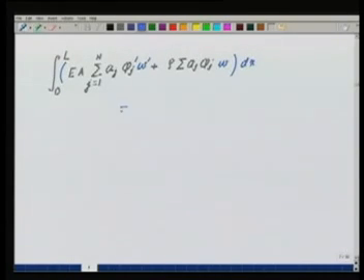This is equal to integral 0 to L f w dx plus pt w at L.